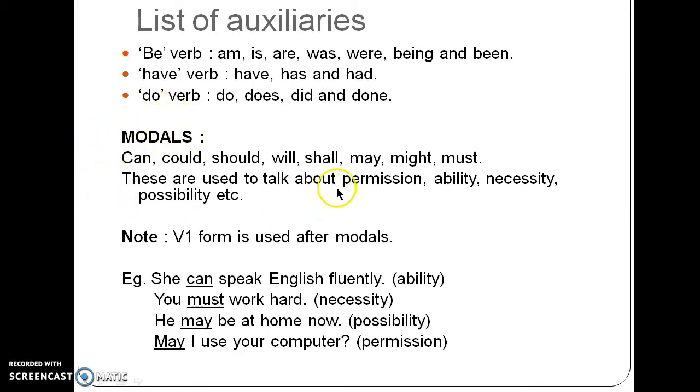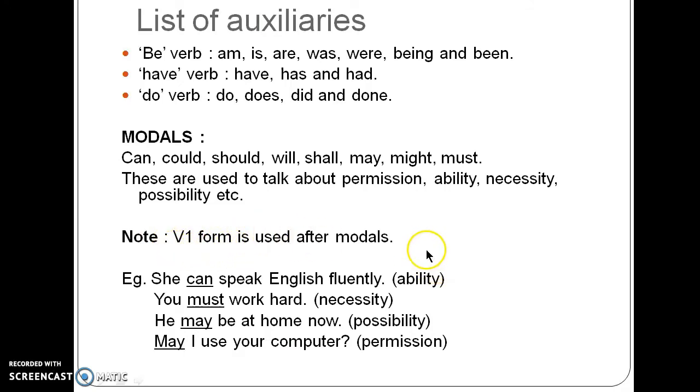They talk about permission, ability, necessity, possibility, etc. They also belong to the auxiliary verbs, but we have given them separate names because they show the mood of the sentence, like permission, ability, necessity and possibility. One thing to be noted is that the V1 form is always used after modals.